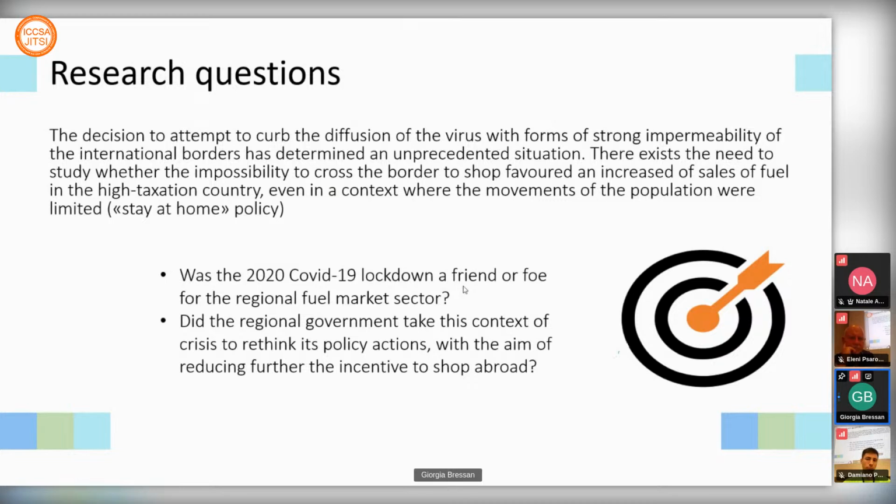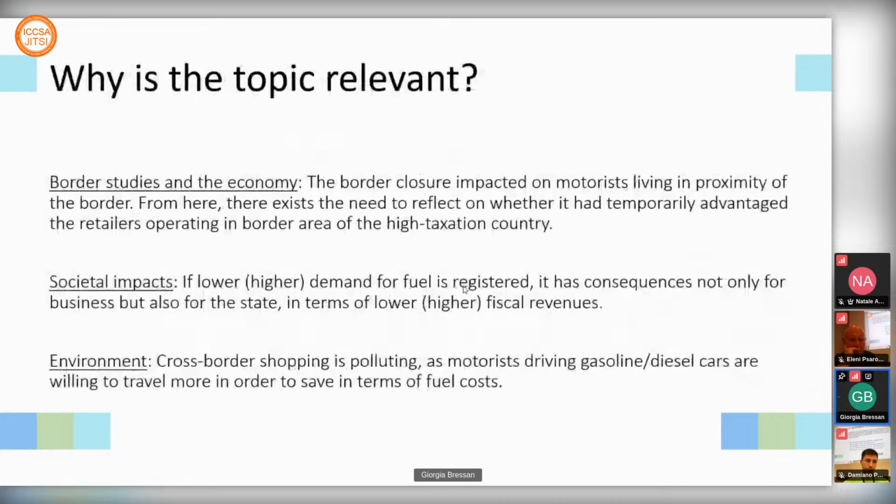So the main research questions are: was the 2020 COVID-19 lockdown a friend of the regional fuel market sector? And secondly, did the regional government take this context of crisis to rethink its policy action with the aim of reducing further the incentive to shop abroad?